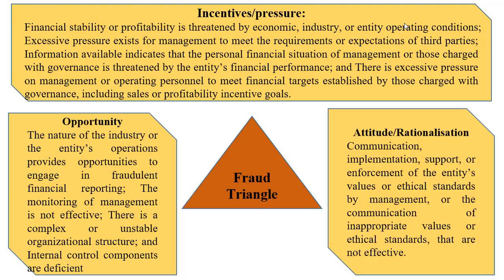With regards to attitude and rationalization, it talks about the ethical standards and values implemented and exercised by the company. Those persons on top are the ones leading the company.